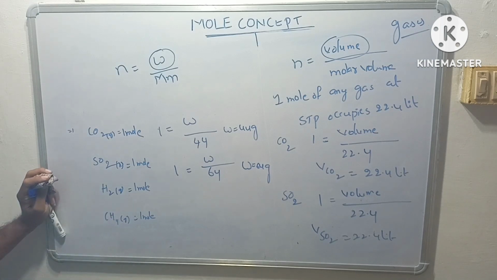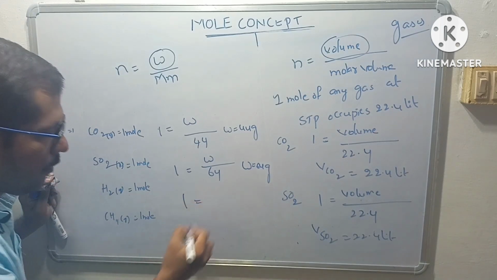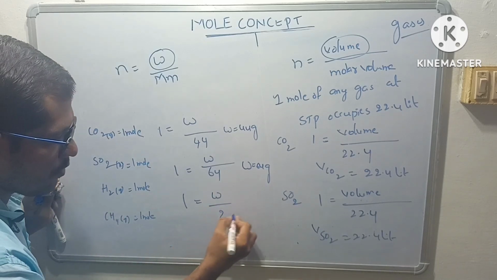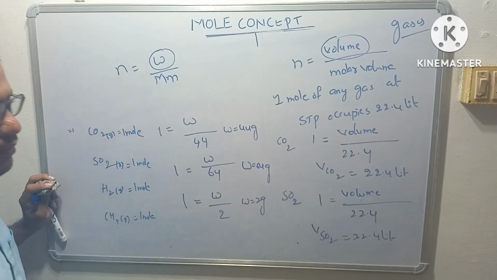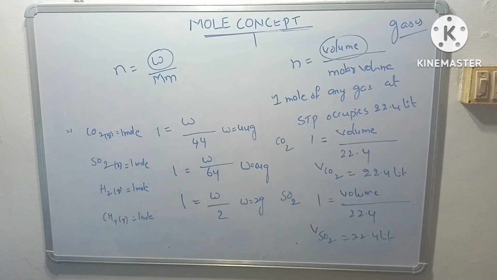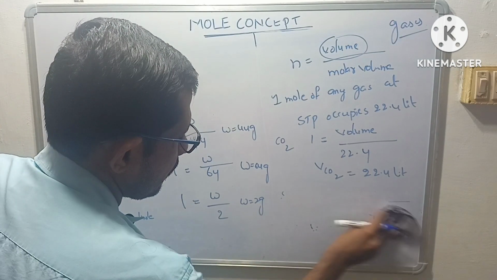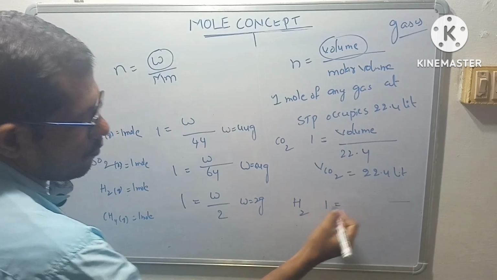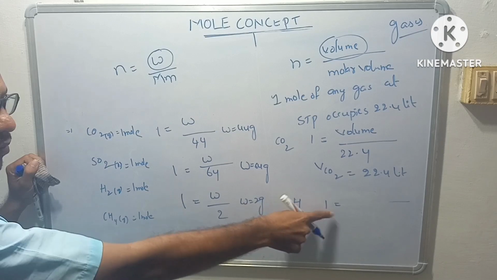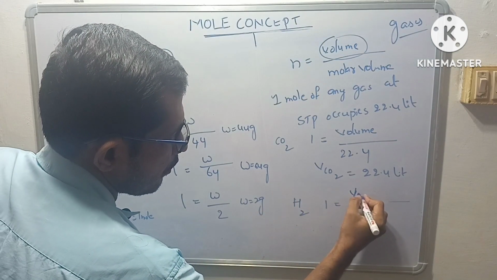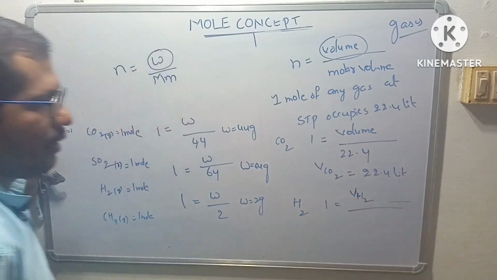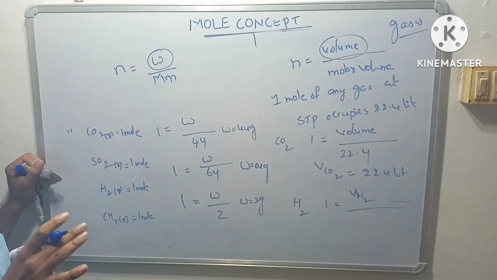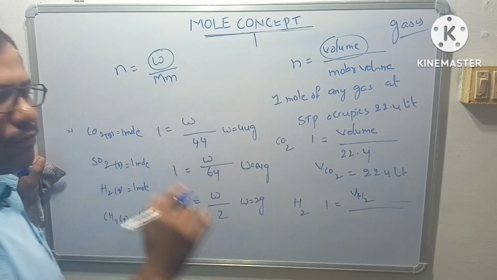Now we are going to calculate for H2. I am taking 1 mole of H2, so we need to calculate the weight. The H2 molar mass is 2, so we are getting 2 grams of H2. Now for hydrogen, 1 mole we have taken, so I am putting 1 over here. We need to find the volume of hydrogen. What do we need to put for molar volume? 22.4 liters only.